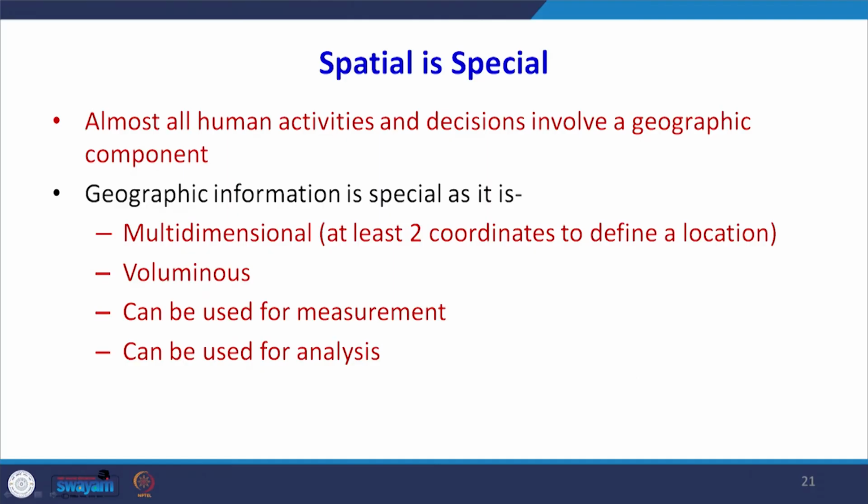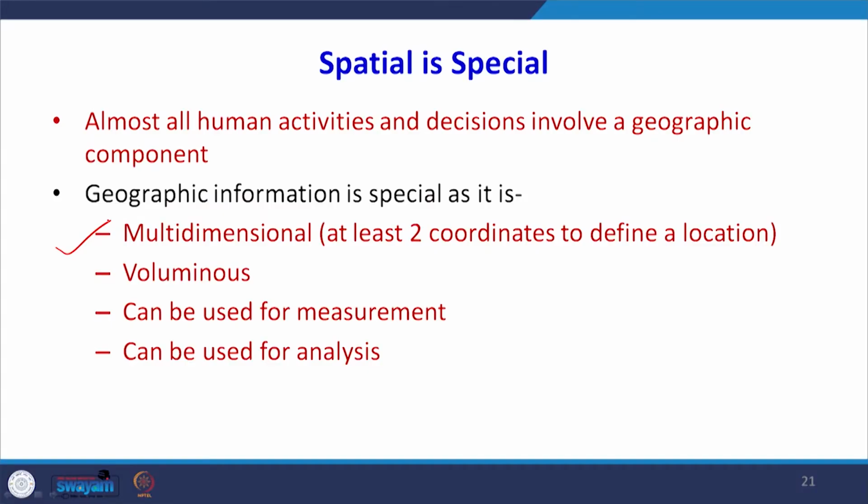So spatial data is special to us because almost all human activities and decisions nowadays dealing with the earth surface involve a geographical component. Take any planning activity on the surface, it has a geographical component. It is defined in terms of areas and coordinate systems, and this geographical information is spatial because it is multidimensional information.